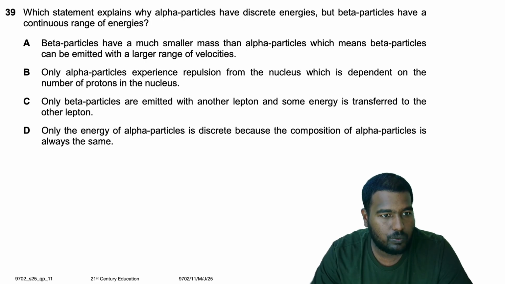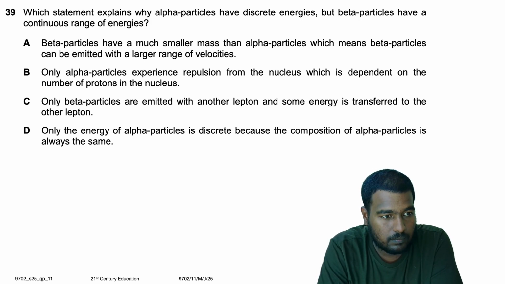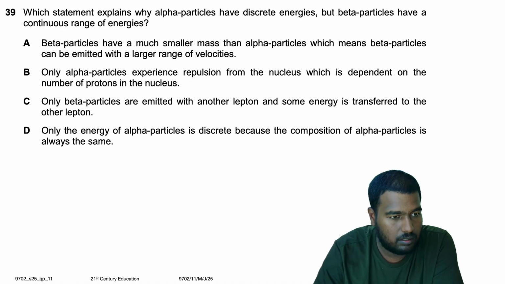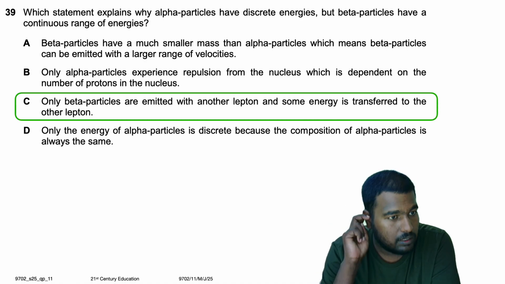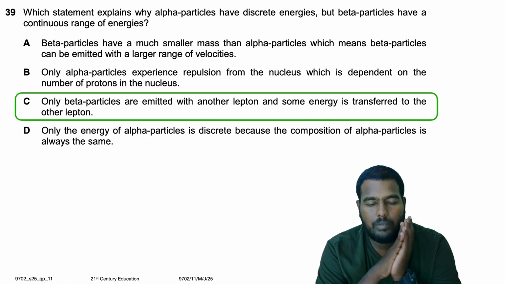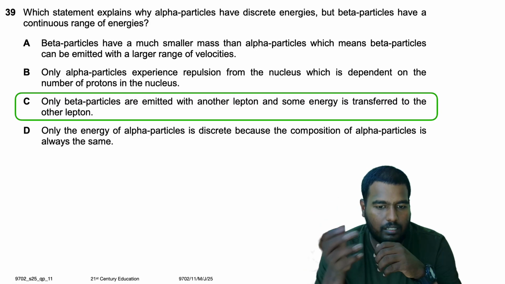Which statement explains why alpha particles have discrete energies but beta particles have a continuous range of energy? Option C. We'll see why. First, when an alpha particle is emitted, the energy is shared between only the alpha particle and the resultant nucleus.